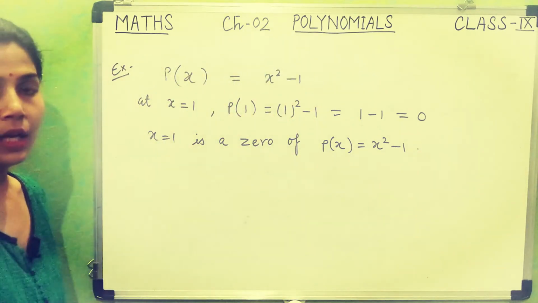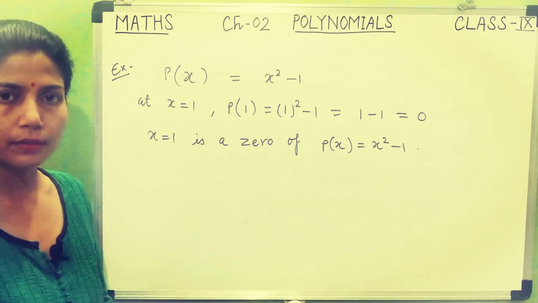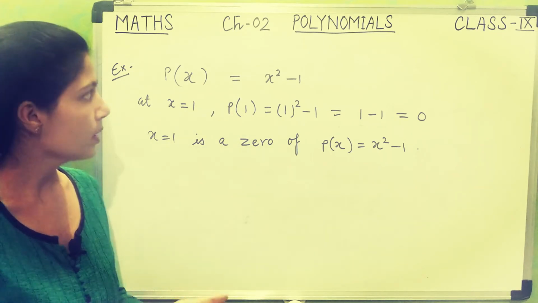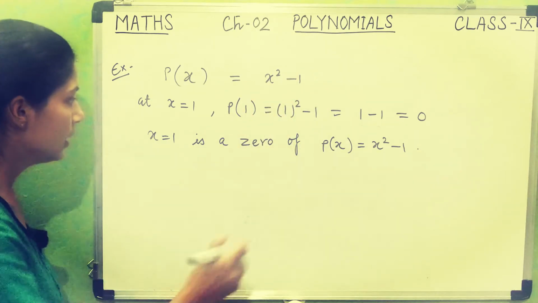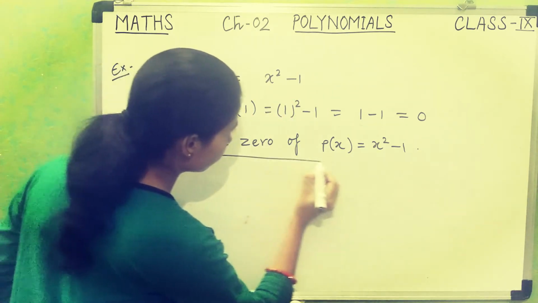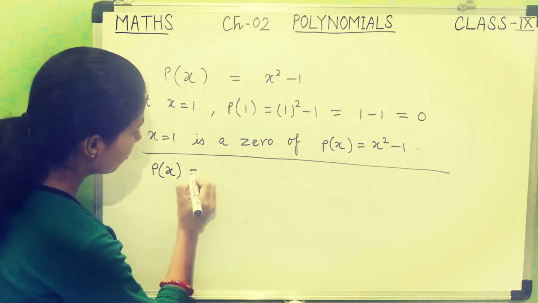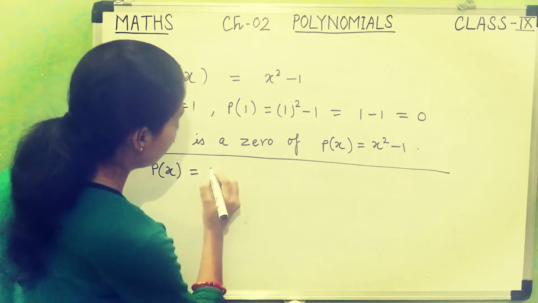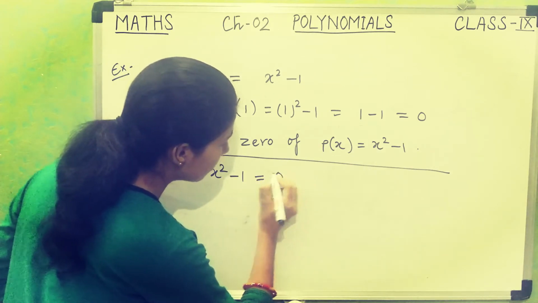Now if I want to make it a polynomial equation, we have to equate this polynomial with 0. To make a polynomial a polynomial equation, we equate it with 0.